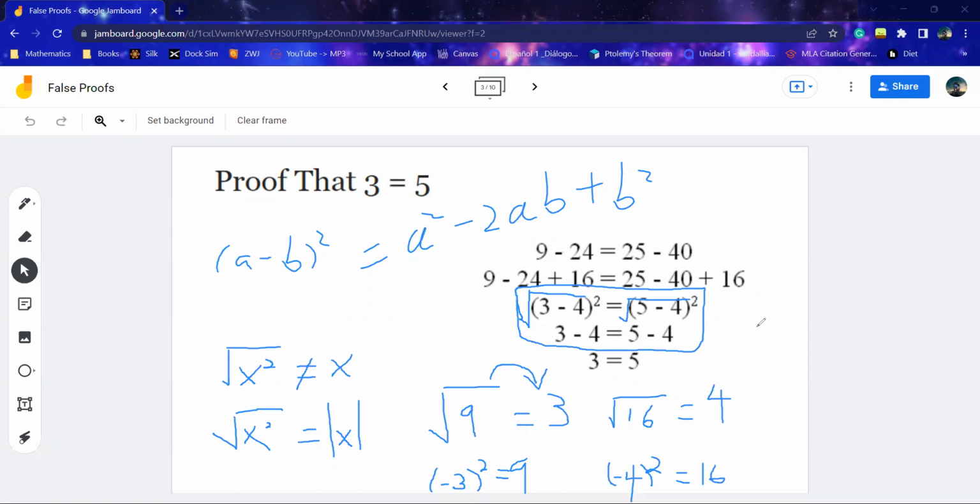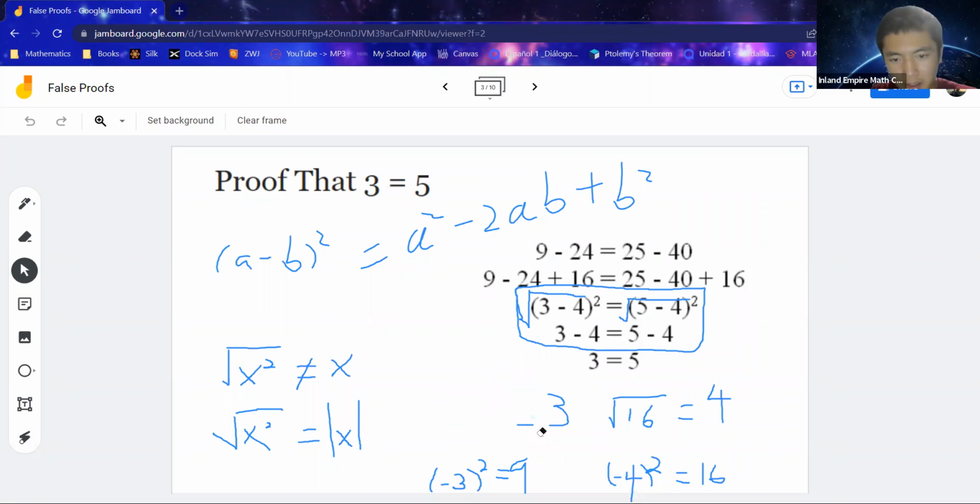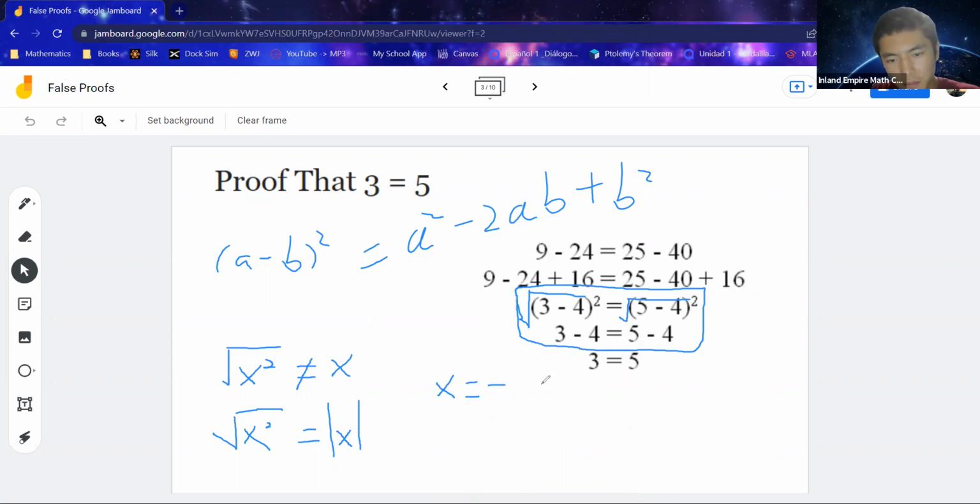Yes. Okay, good. And then keeping this in mind, we're going to go back to why the square root equals the absolute value. So let's take an example. Say that we let x equal -4, right? Then x squared would equal what? 16, right?